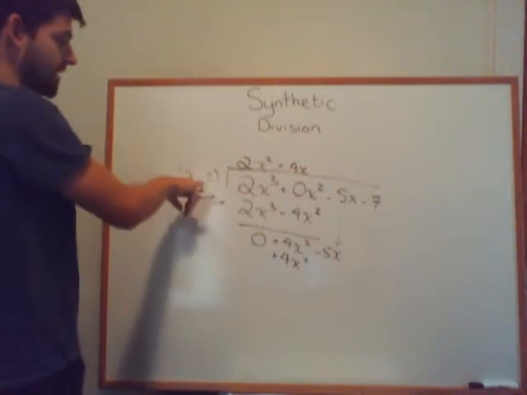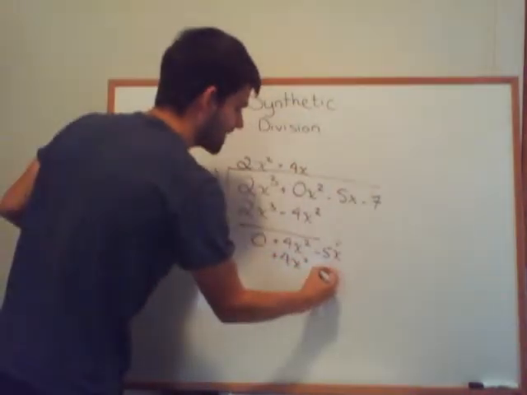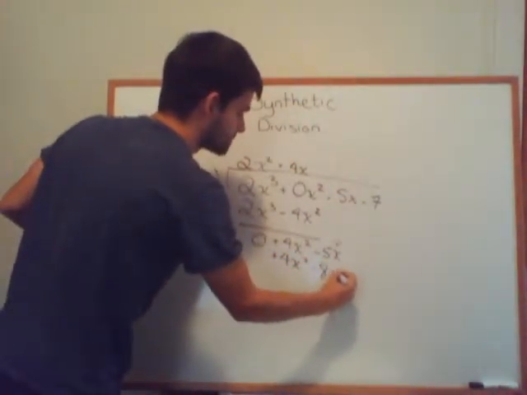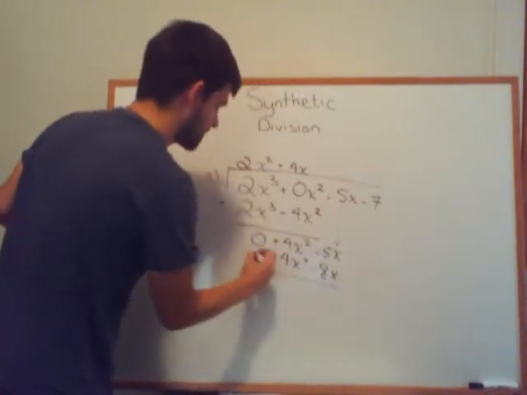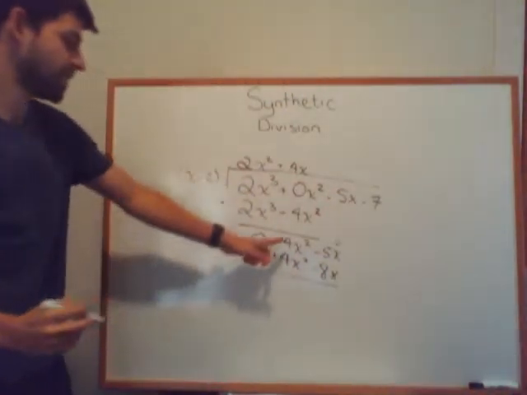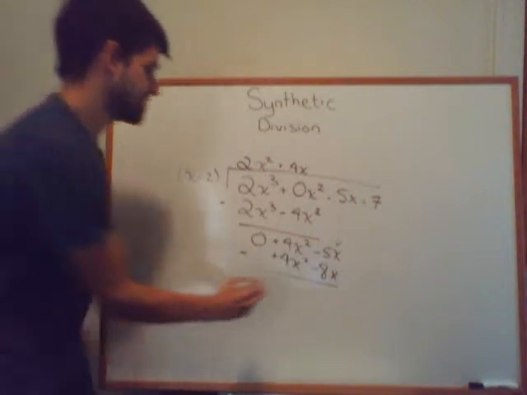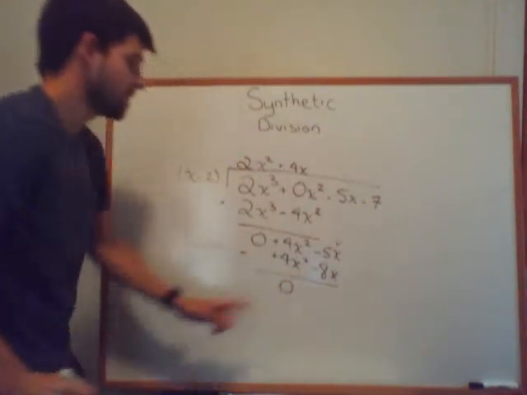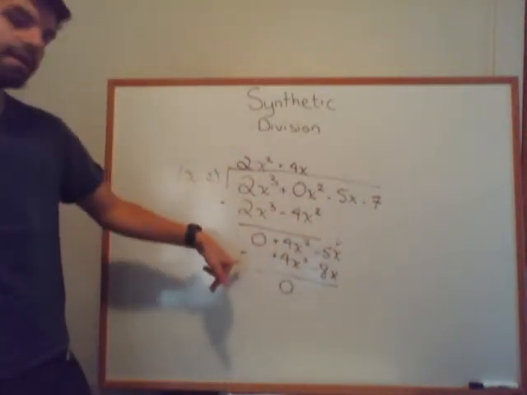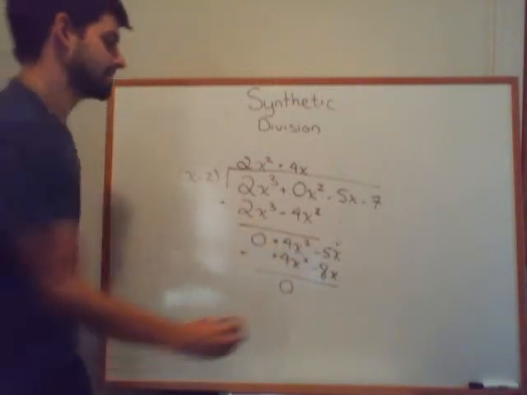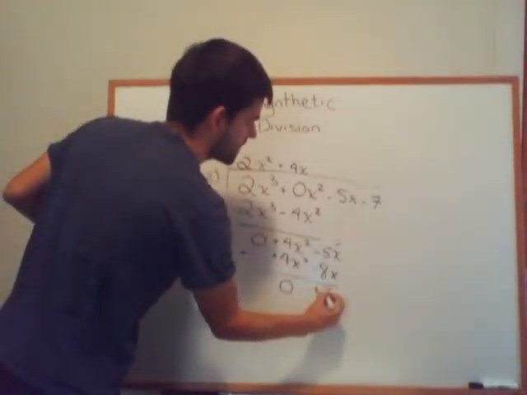Positive 4x times negative 2 is a negative 8x. Now again, be very careful here. Positive 4x squared minus positive 4x squared is 0. Negative 5x minus a negative 8x is going to give us a positive 3x.